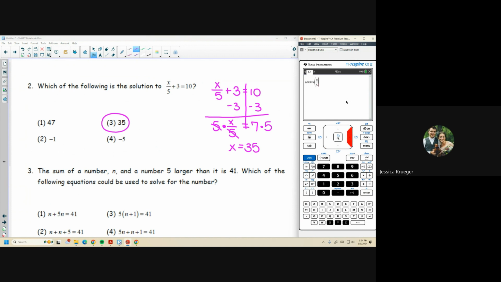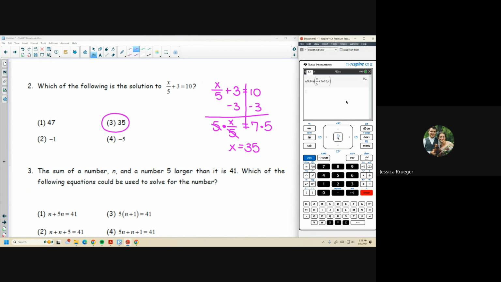And notice that x is not bold anymore, so that's good. Plus 3 equals 10. And then you need to tell it what variable it's solving for. So the way you do that is by pressing this comma, which is down next to the letter O. And the variable we're solving for is x. So if we hit enter, we can see that our answer is 35.